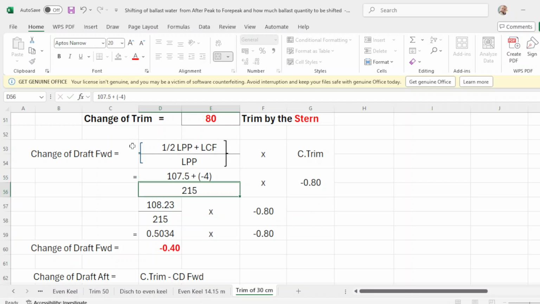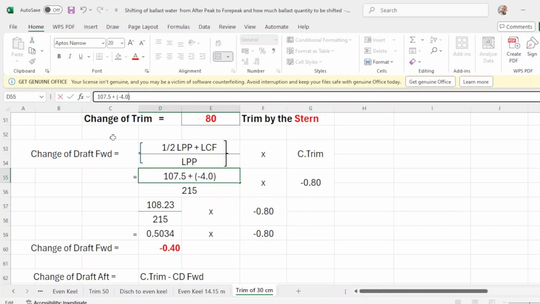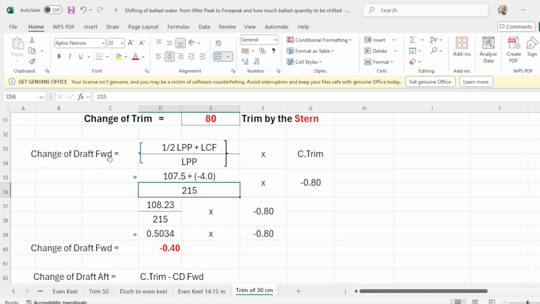Okay, so do the mathematics. Calculation is 107.5 plus negative 4. That will be 76, okay?